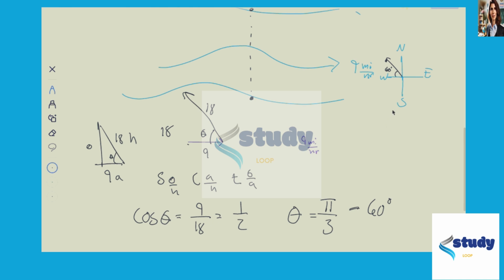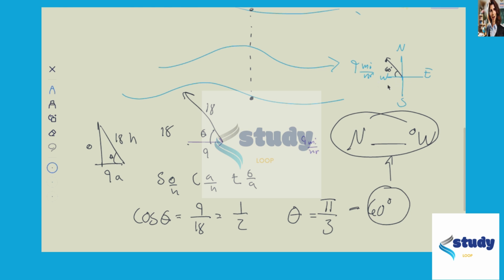I don't know how you need to enter that. It says n underscore degrees west. I don't know if you can just put 60 in there. I'm not really familiar with this nomenclature. The answer is 60 degrees above west.